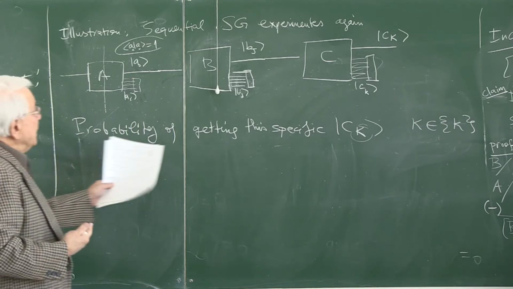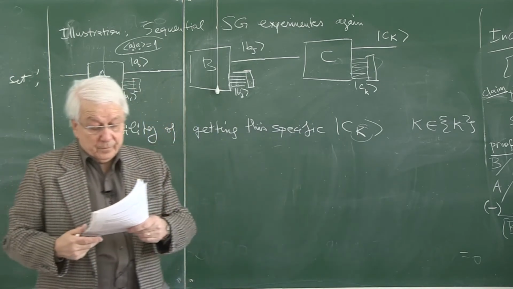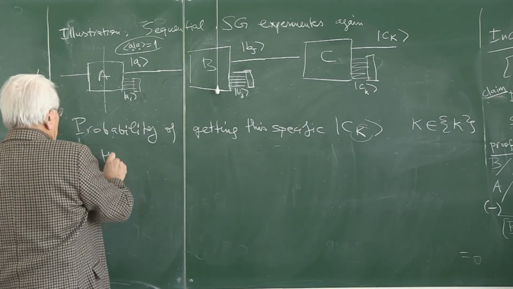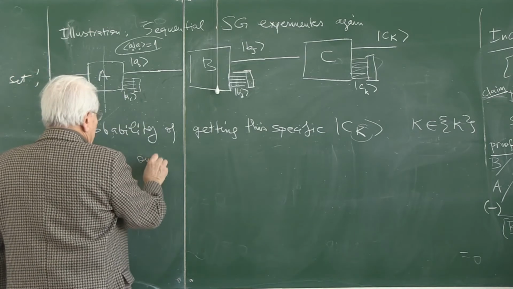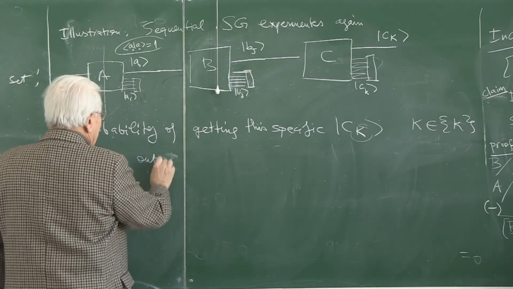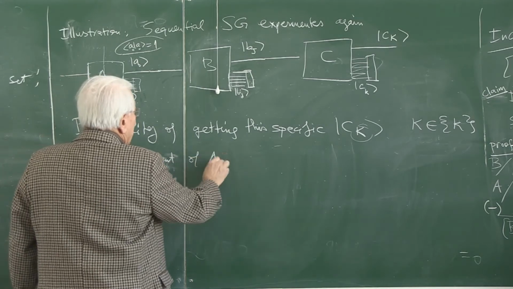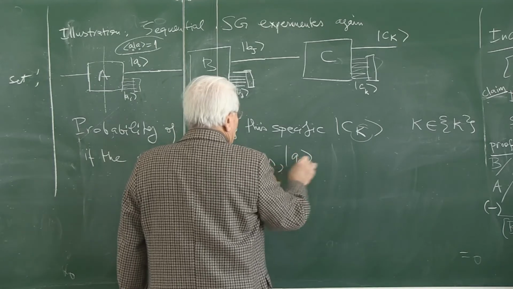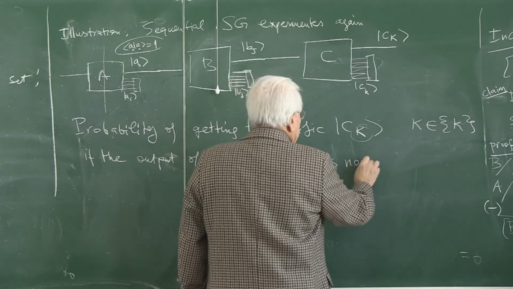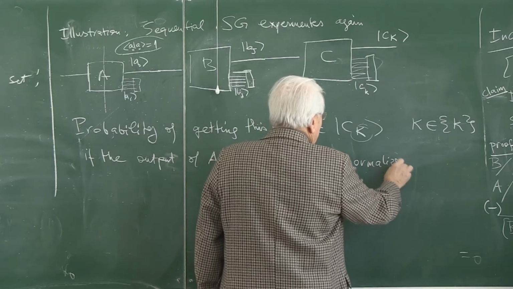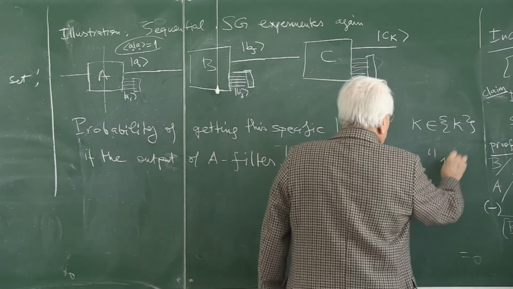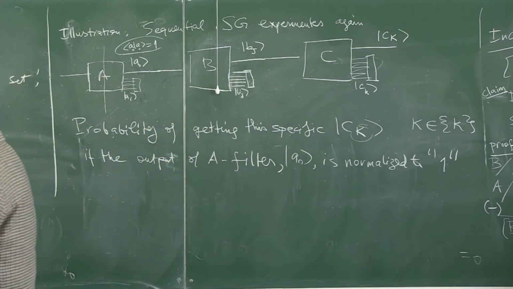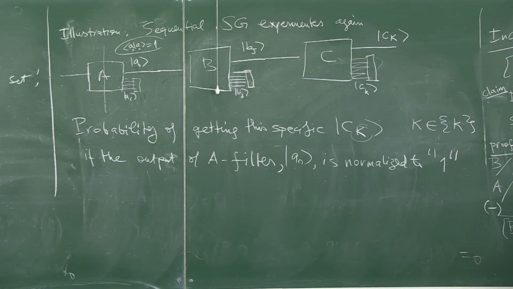What is the probability of getting this specific CK if the output of the filter A0 is normalized to unity? That's an important qualification. So how do we proceed?